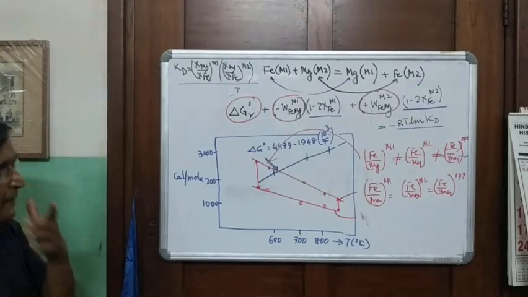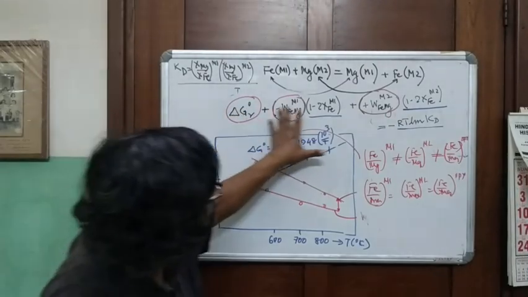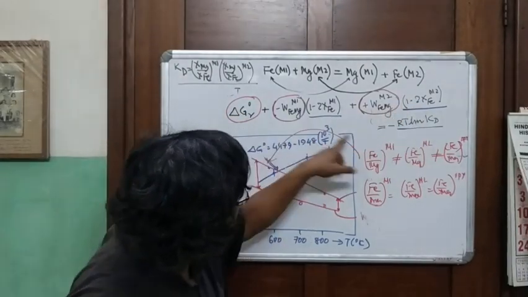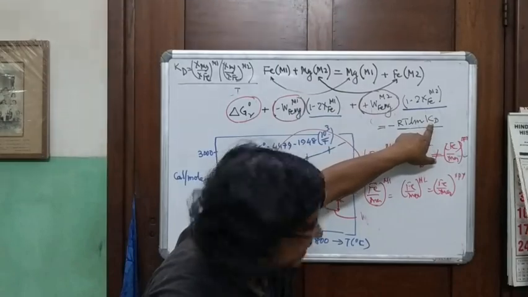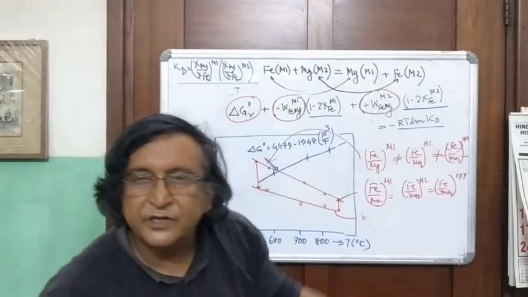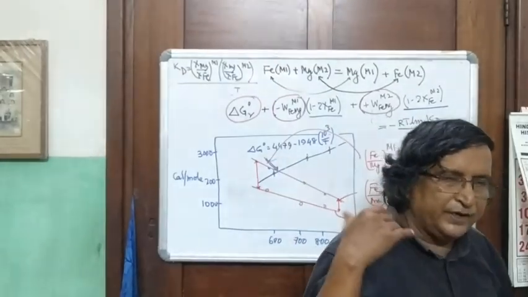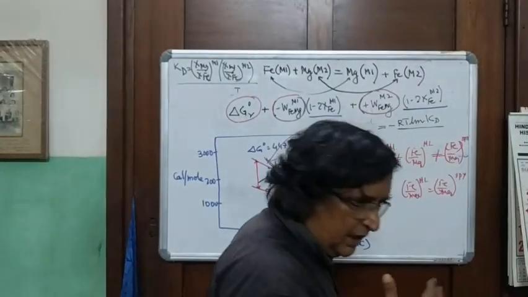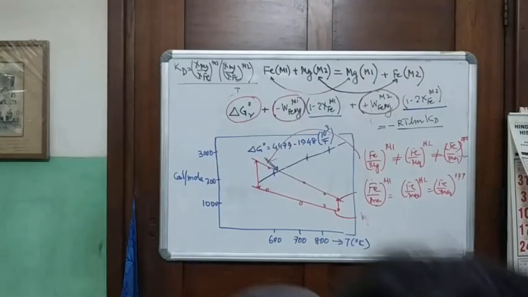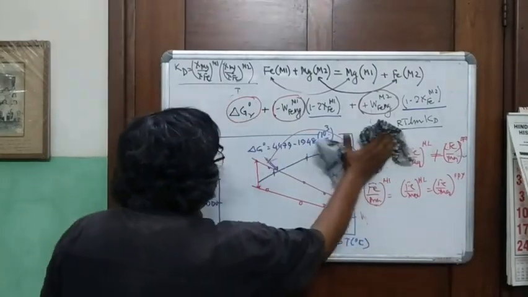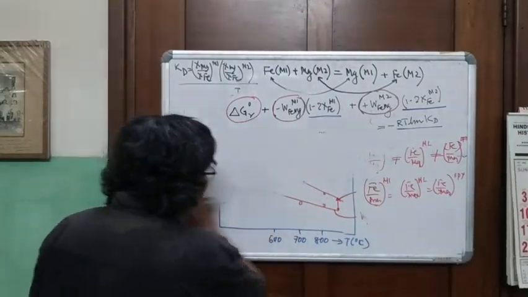So we come to this situation where this expression, FEMG partitioning, has now become a function of temperature. Before we go into the next, I think I should tell you this now. I'm erasing this equation.